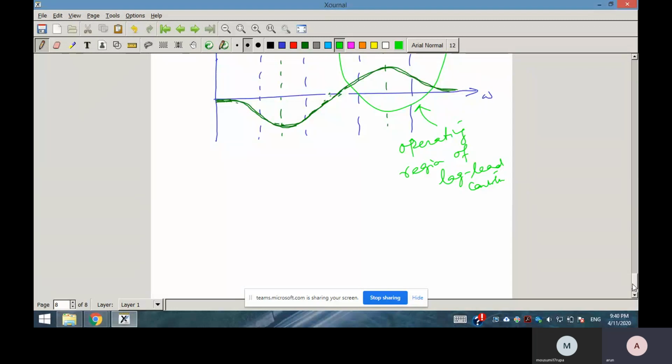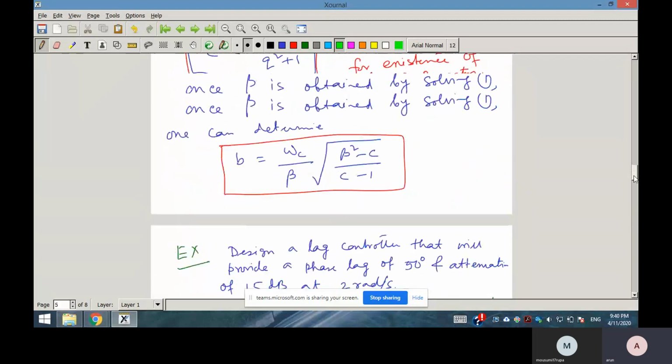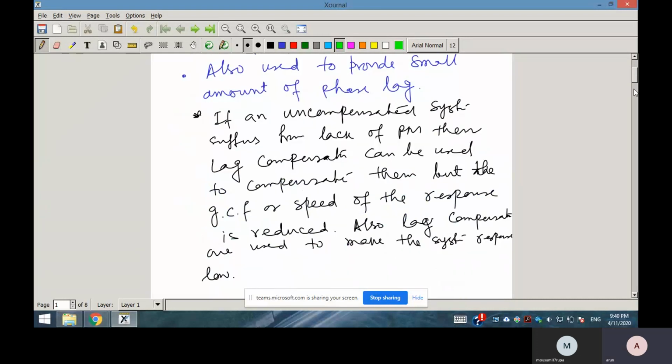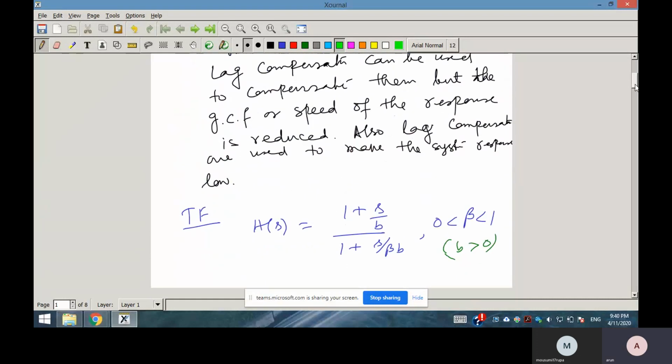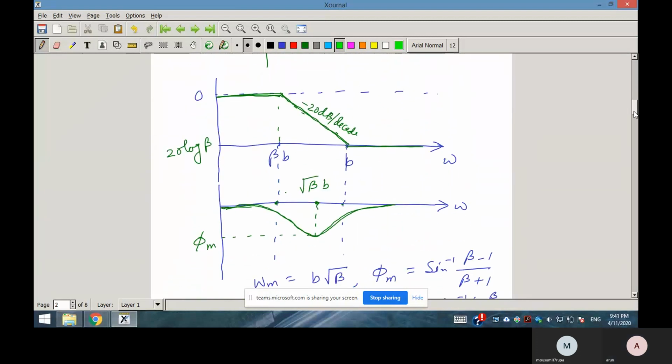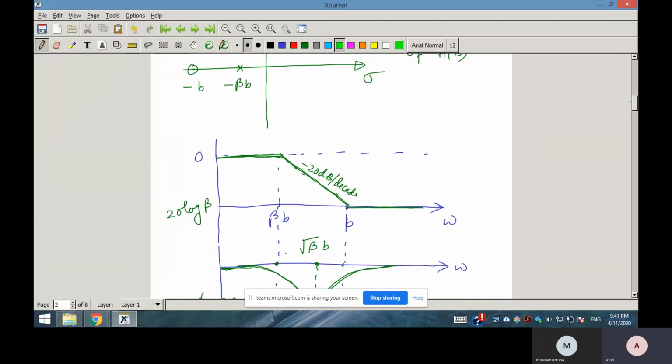Okay, just once again I will see if there is any small mistake. This is 0 dB.